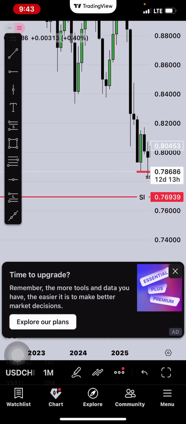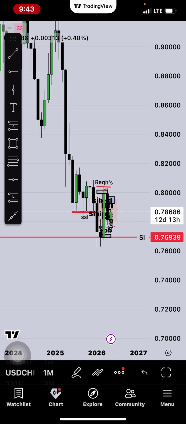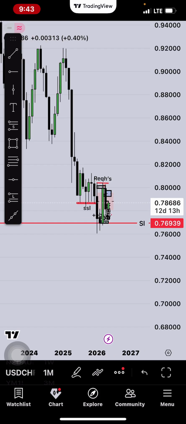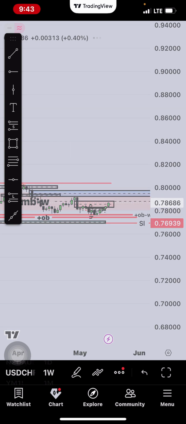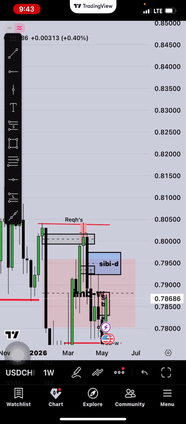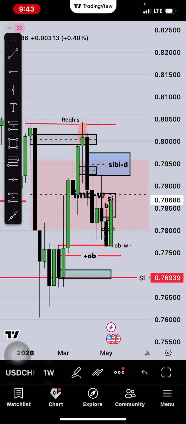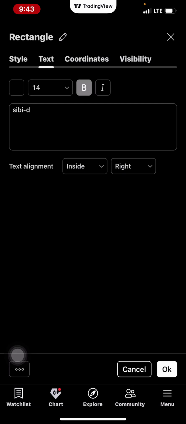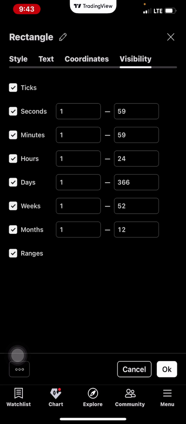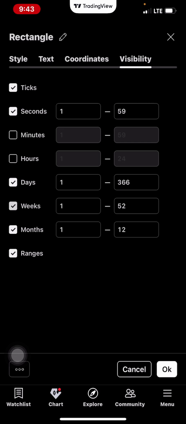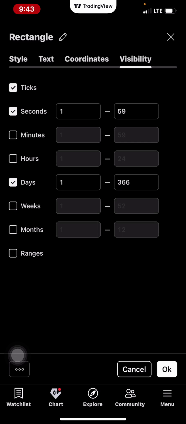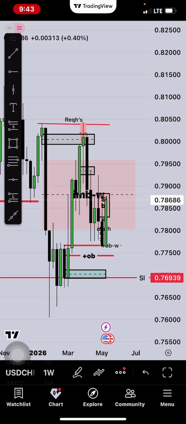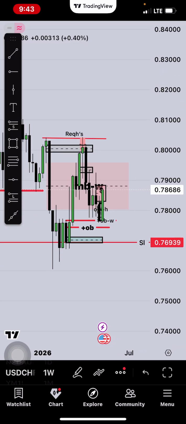So just a little recap from where we stopped last week. So let's go to the weekly chart. So here we are on the daily chart.